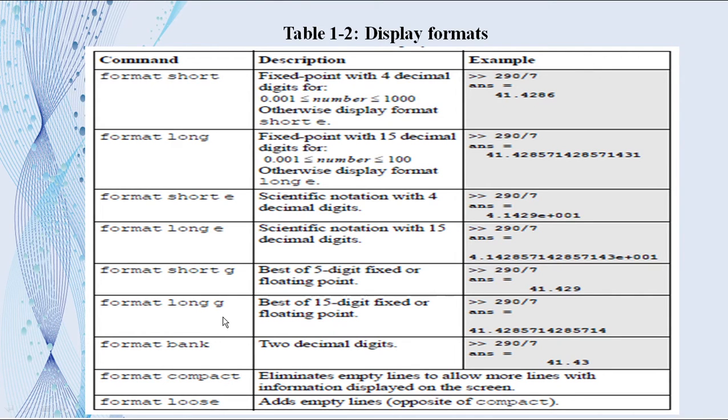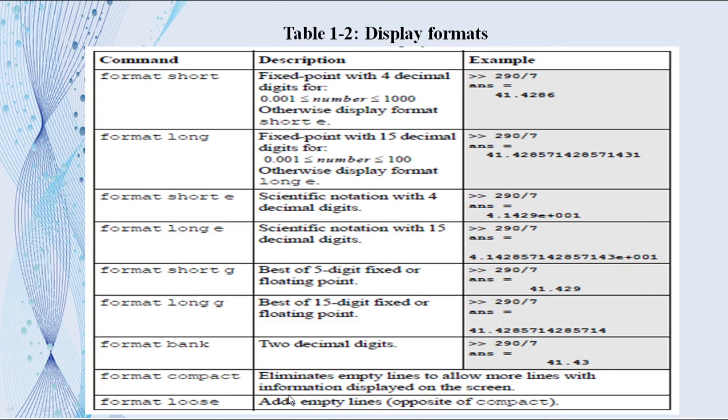Likewise, format long g: best of 15 digits. We have 41 point, so 2 digits are supposed to be reduced. Since 3 is not greater than 5, this remains 4 itself. Format bank: 2 decimal places only. For banking we don't need to calculate more than 2 decimal places.